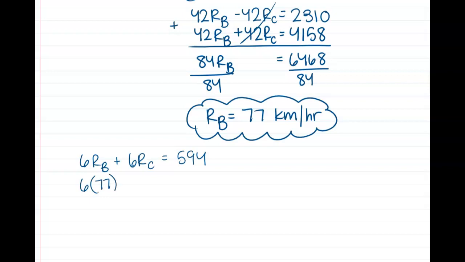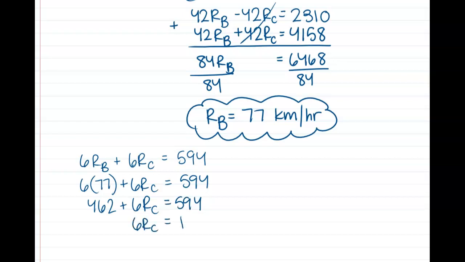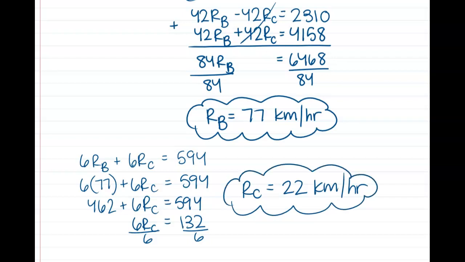So 6 times 77 plus 6 times the rate of the current equals 594. 6 times 77 is 462, plus 6 times the rate of the current equals 594. Subtract 462 from both sides. 6 times the rate of the current equals 132. Divide by 6. The rate of the current equals 22 kilometers per hour. And we're done with that one.